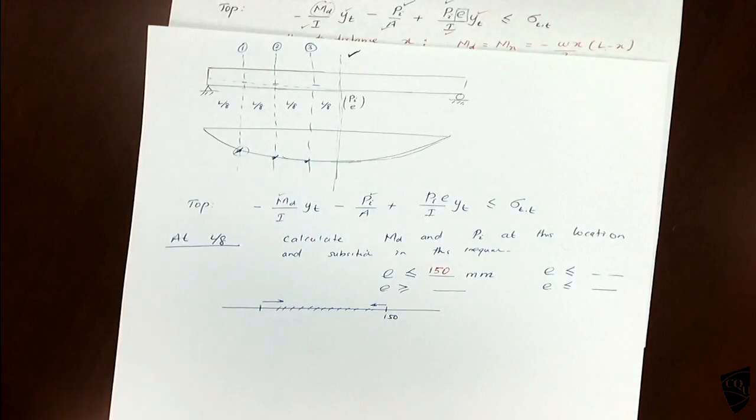Any questions? So here what we do is, rather than doing the work for an arbitrary section, we will do it at particular locations, at L by 8, L by 4, 3L by 8.